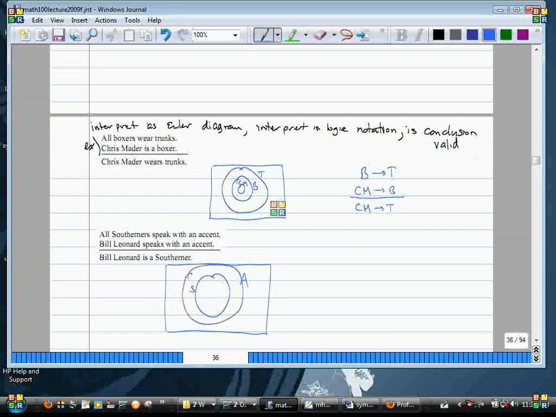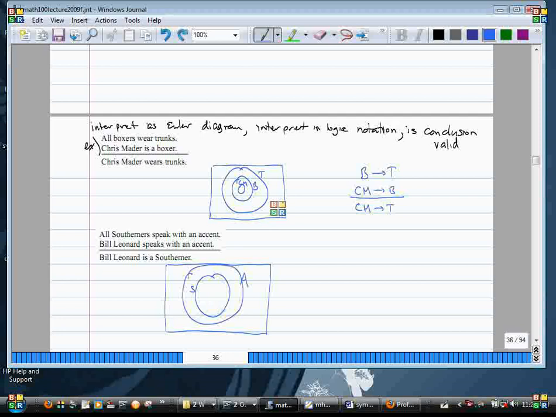Okay. Bill Leonard speaks with an accent. Well, actually, the thing is, where does Bill Leonard go? Okay. Do we know that Bill Leonard goes there? Where else could Bill Leonard be? He could be outside S as well.